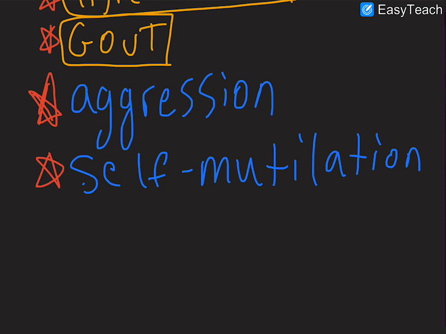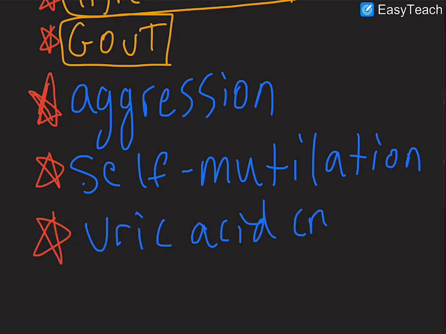And then you can also have sodium urate or uric acid crystals in your urine. So let's go and write that down. You can also have uric acid crystals in your urine.